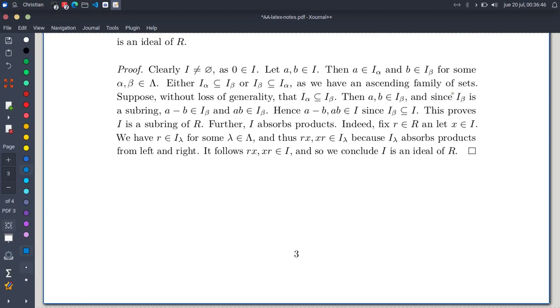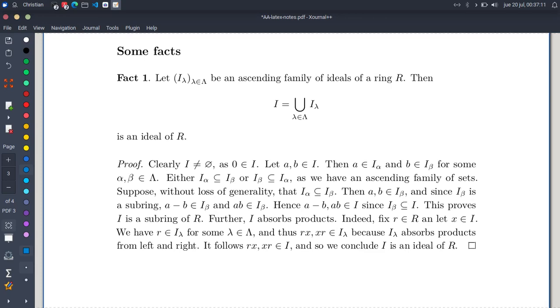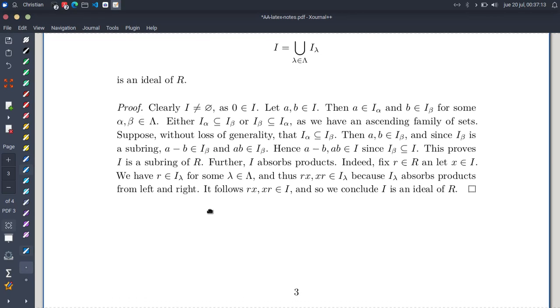Since I beta is a subring, because it is an ideal in fact, A minus B is in I beta, and the product AB is in I beta. Hence, because I beta is contained in I, it follows that A minus B and the product AB are in I. So this proves that the whole union is a subring of R.